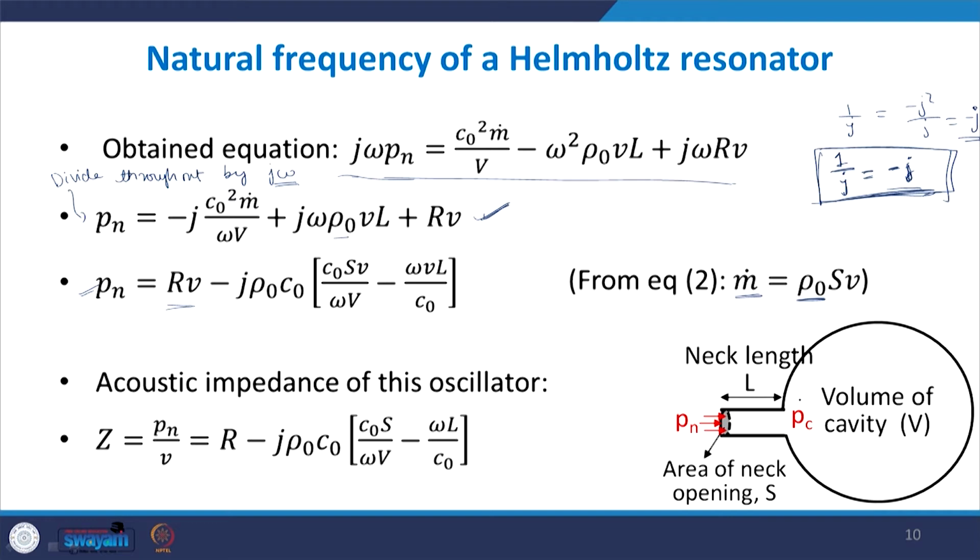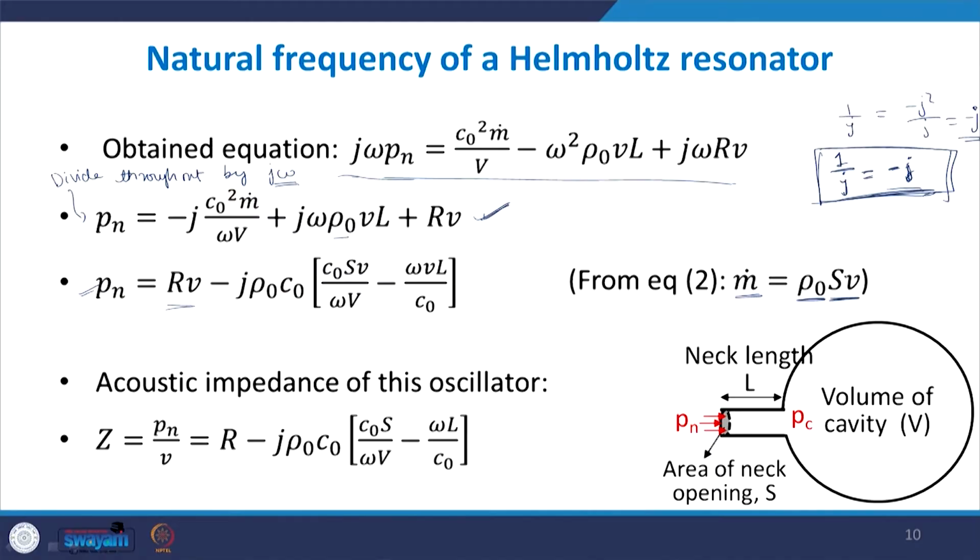So, the rate at which the mass is flowing into the cavity will be the density multiplied by the surface area through which the mass is flowing multiplied by the velocity at which it is flowing. So, it is rho naught into the surface area of the neck into the velocity. This is the rate at which the mass is flowing. So, we put this equation for mass here, and we take this constant. If you do this, that is the expression you end up with.